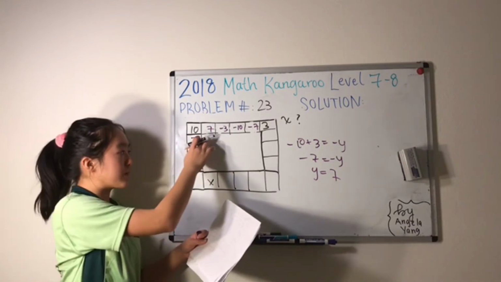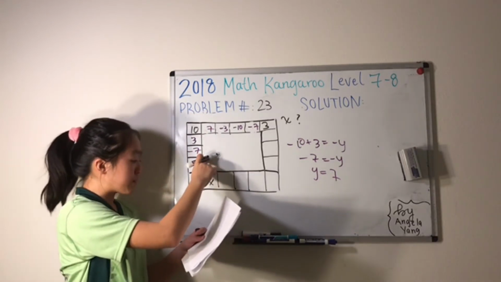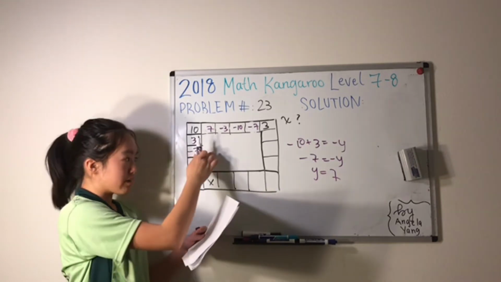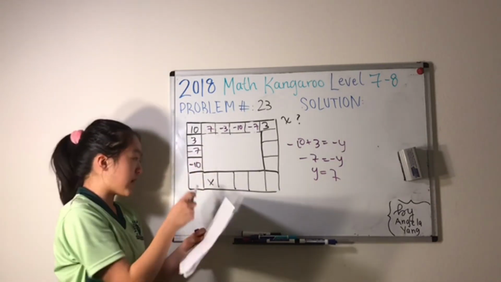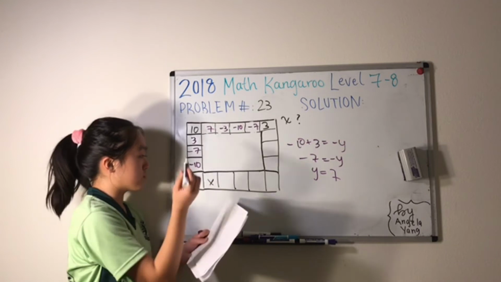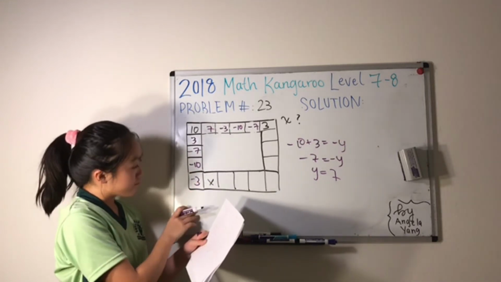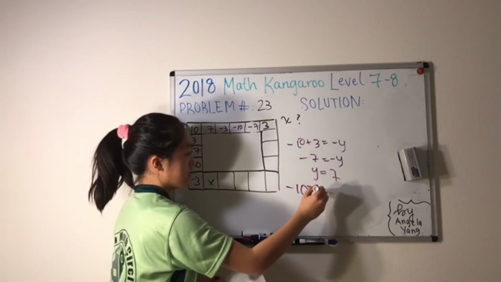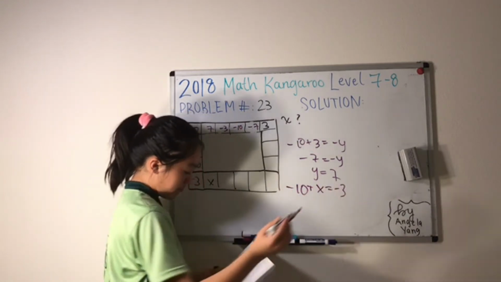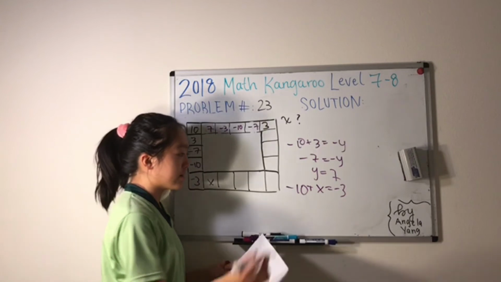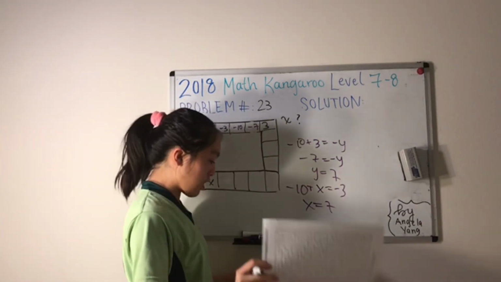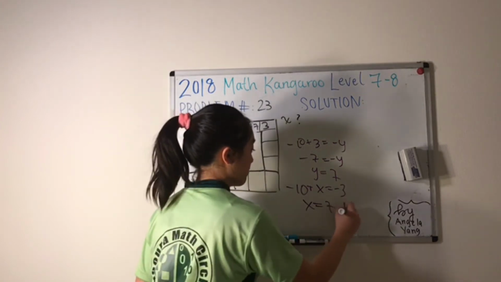And then 3 plus what equals negative 7? 3 plus negative 10 equals negative 7. Negative 7 plus what equals negative 10? Negative 7 plus negative 3 equals negative 10. Now we have negative 10 plus x equals negative 3. And with this, we can determine that x equals 7, giving us the answer of letter B.